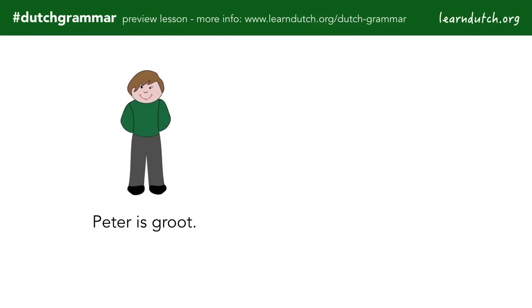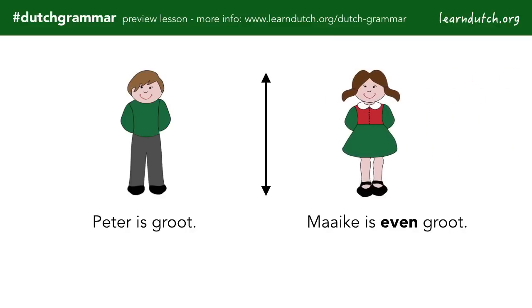Imagine now that you compare two things, but they are equal. Peter is groot. Peter is tall. Maaike is even groot. Maaike is just as tall. We use the word even to express equality.